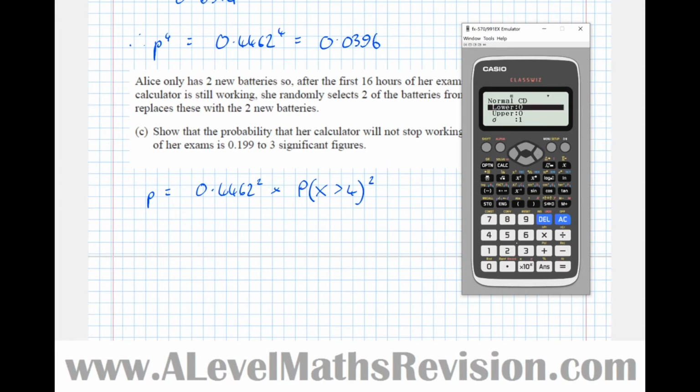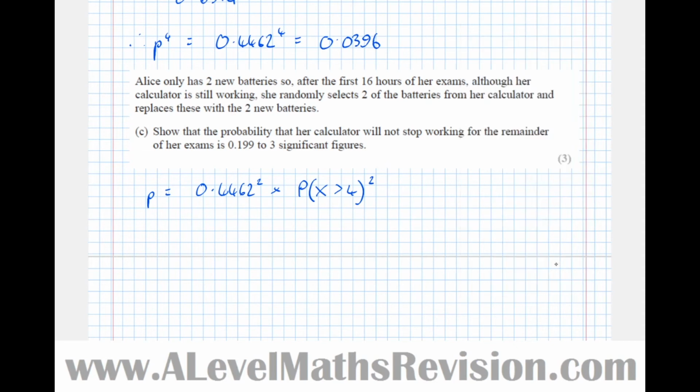So normal cumulative. So the lower bound this time is 4 hours, upper bound 9999, standard deviation 4, the mean was 18, and that's 0.999767.